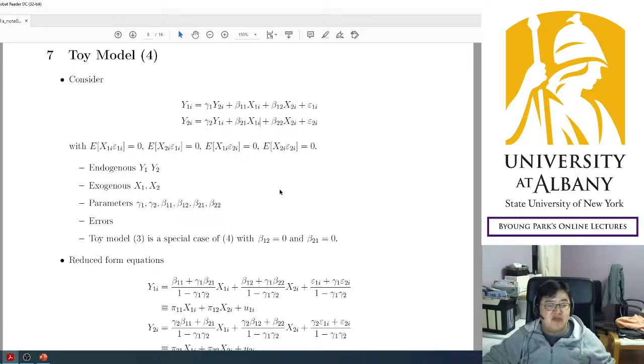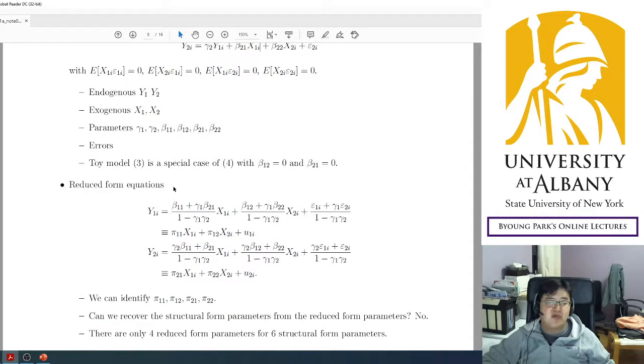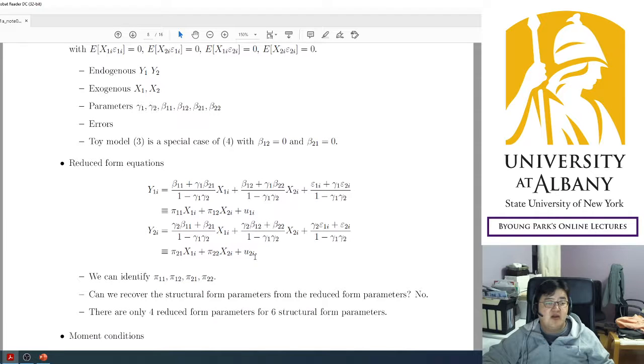Now let's think about the reduced form equations approach. Solve for y1 and y2. Then as before, you have pi11, pi12, pi21, pi22. The problem here is you have four reduced form parameters, which is the same number of parameters as in model 3.